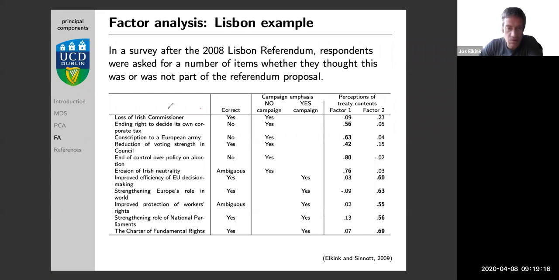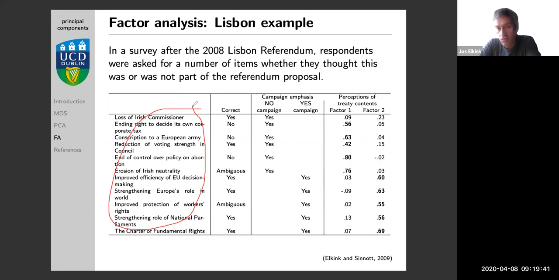These were all statements by the yes and the no campaigns about what was in the treaty. They would say, if you vote yes, we lose the Irish commissioner. If you vote yes, they will introduce conscription to a European army. If you vote yes, then Ireland will not be able to maintain its anti-abortion policy at the time.